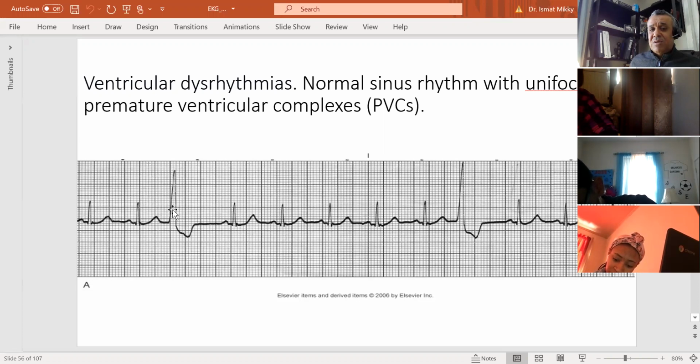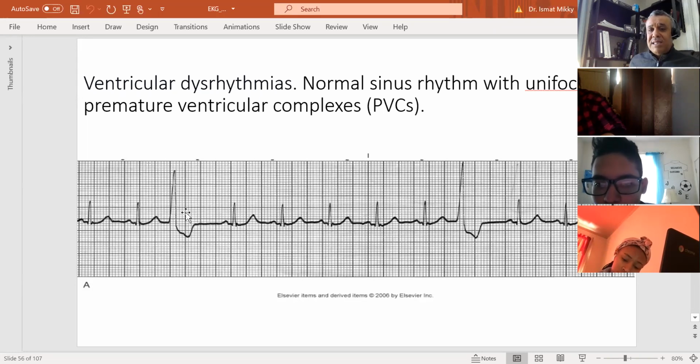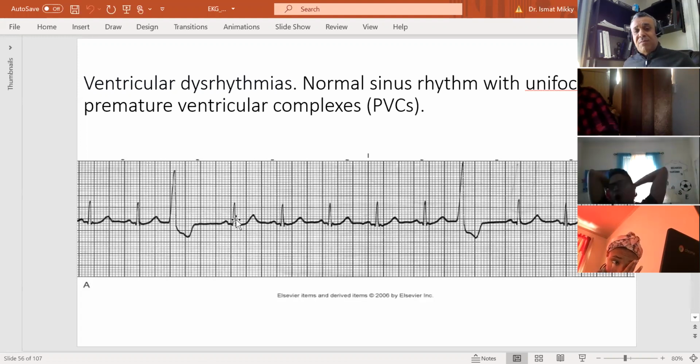See how long it took the heart to reset itself after the PVC? 1, 2, 3, about 4 large boxes until the normal cycle started, which is a compensation method. The heart needs some time, a compensatory pause, to reset itself. So this is another feature, or tip, to identify the PVC.